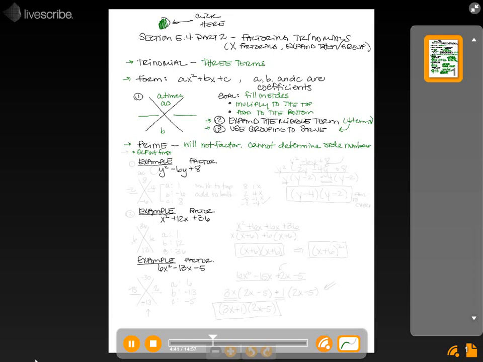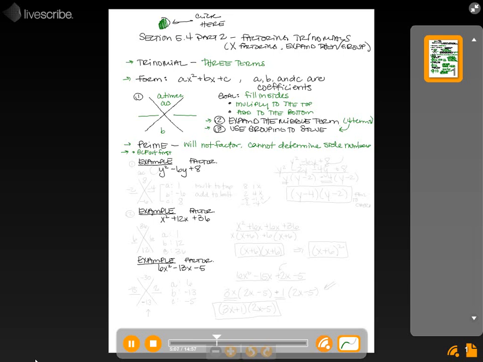When the numbers are larger, there's a whole bunch of things that can multiply or add to the top and the bottom. So it's harder for people to come up with those numbers, and then they make the mistake of just saying it's prime because they can't figure out the numbers. So it's always a good idea to check for a greatest common factor and take it out first. It's not wrong if you don't. You can take it out at the end, but it's best to take it out at the beginning.